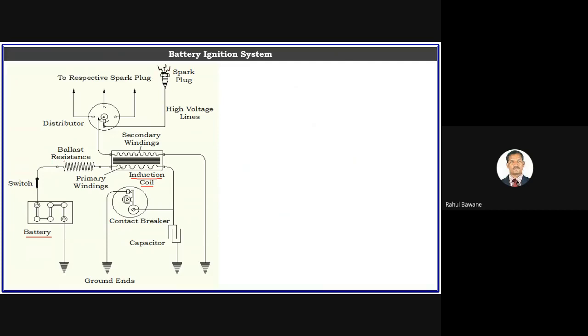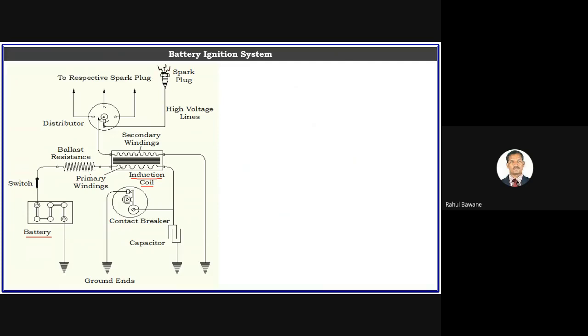Ballast resistance is normally made from iron wire, and it has a property that at low temperature it provides negligible resistance to electric current. That means when it is in cold condition, there will be negligible resistance to electric current.